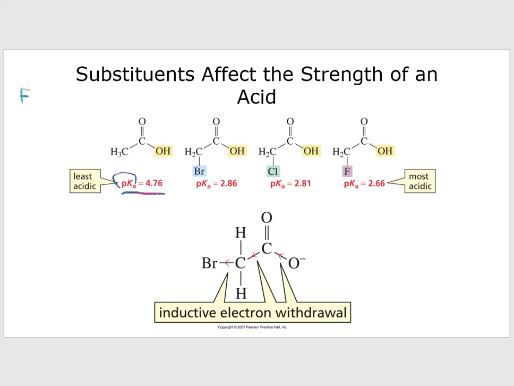So keep in mind, once more, fluorine has the highest electronegativity value. And as I go away from it to the left, and as I go away from it down below, that electronegativity value goes lower and lower and lower. So what we've done in this example is we've replaced a hydrogen with a bromine group.